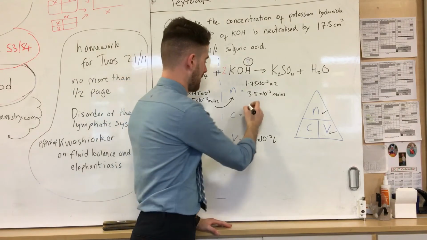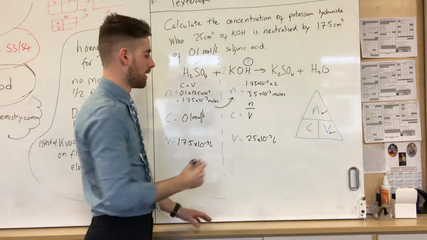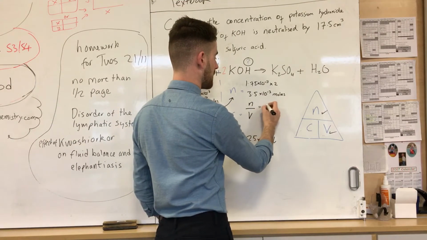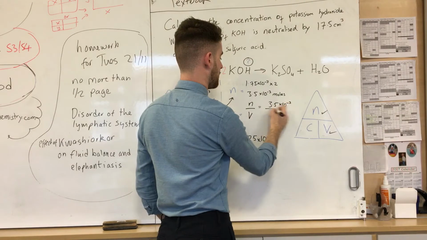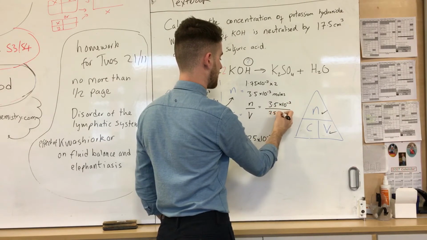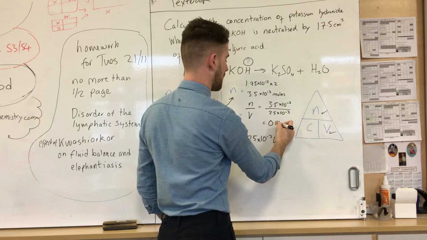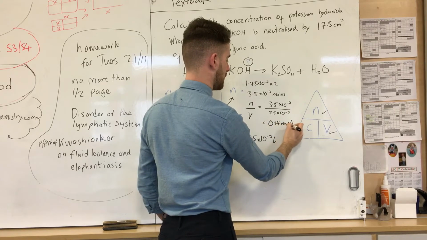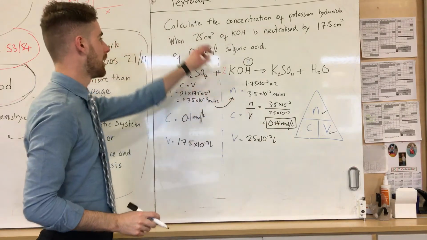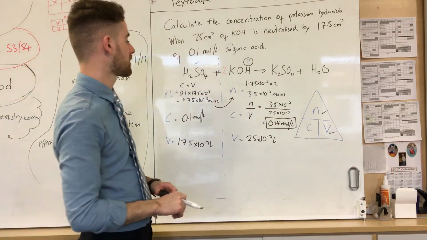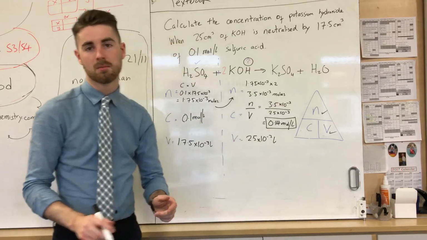So we do so by using a rearrangement of that formula, which gives us number of moles over volume, 3.5 times 10 to the negative 3 divided by 25 times 10 to the negative 3, which gives us 0.14 mole per litre. And there's our final answer. So, calculate the concentration of potassium hydroxide. The concentration of potassium hydroxide is 0.14 moles per litre.